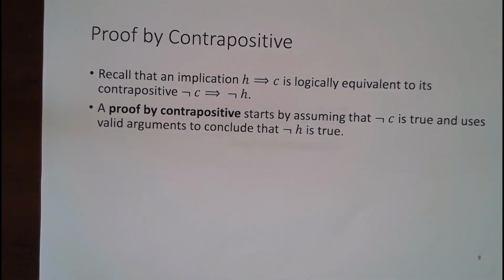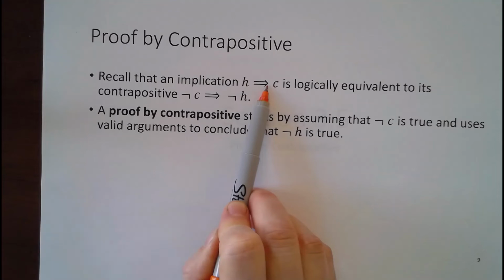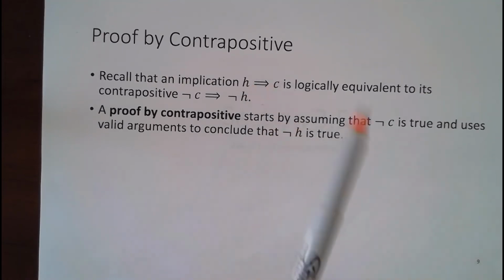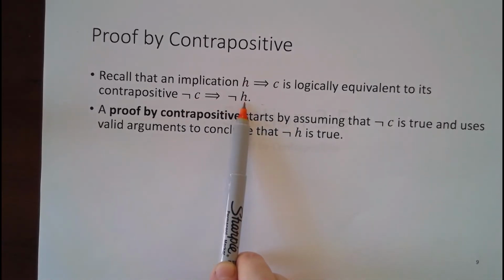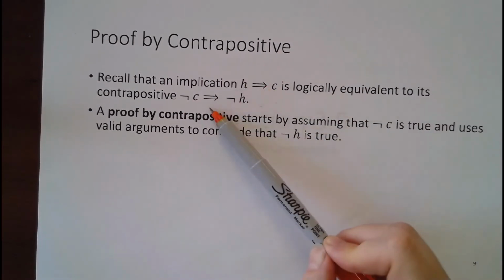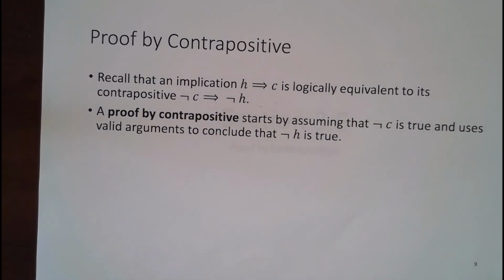Okay. So if we have an implication H implies C, remember that that is logically equivalent to its contrapositive, where I take the negation of the conclusion implies the negation of the hypothesis. So if this one is true, this one is true. If this one is false, this one is false. They always have the same truth values. They're logically equivalent. So a proof by contrapositive relies on that fact.